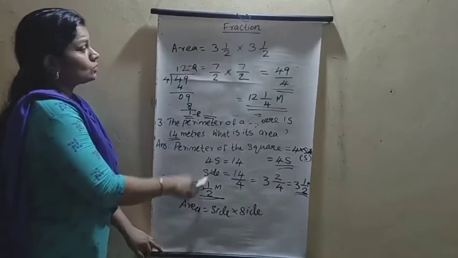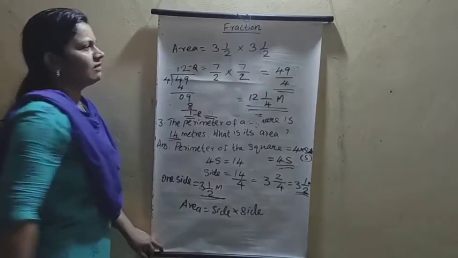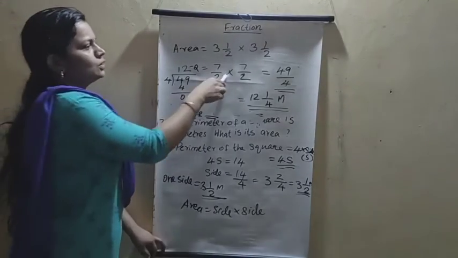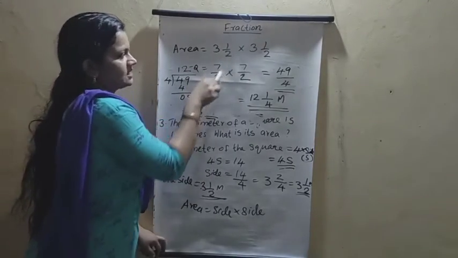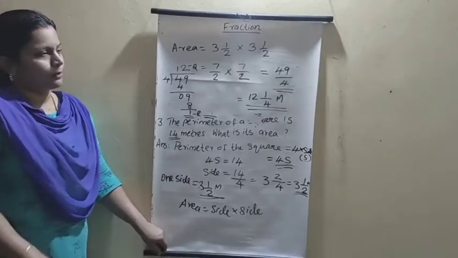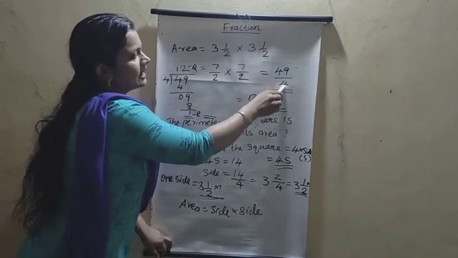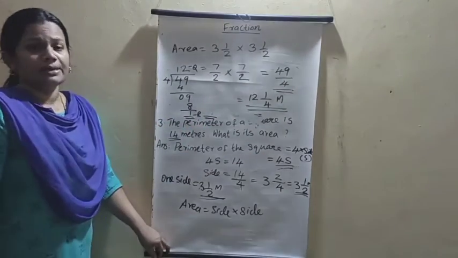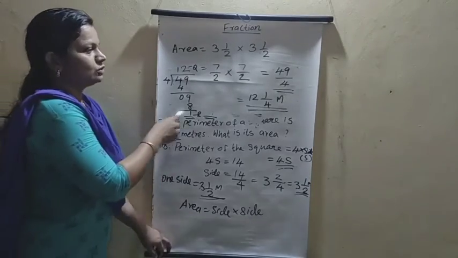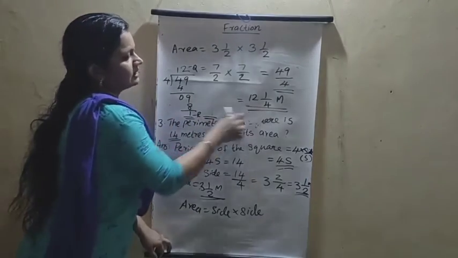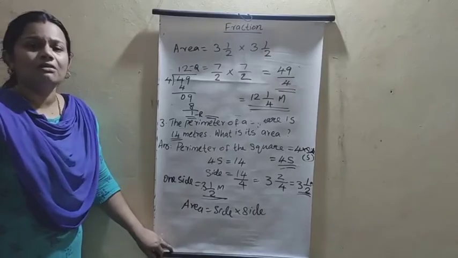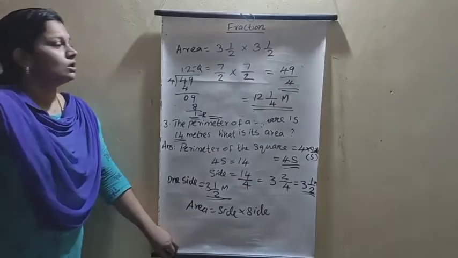So we do 3 1 by 2 into 3 1 by 2. Then 7 by 2 into 7 by 2. This mixed fraction is converted into an improper fraction. We got 49 by 4. This is also an improper fraction, again converted into a mixed fraction. We get the answer 12 1 by 4.